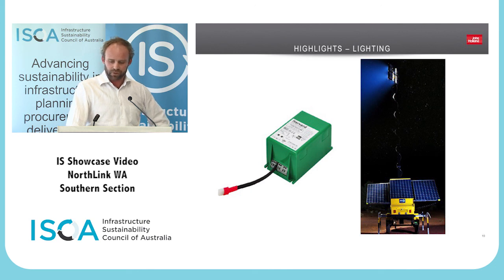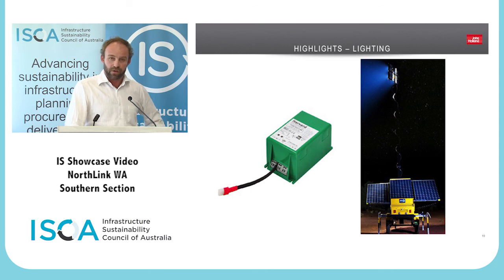The other thing worth mentioning with lighting, which we've just come across recently, is our temporary lights. We've got a lot of temporary light towers out there for traffic management, in the order of 20 or 30 temporary light columns. We're finding just now that we're getting a crossover between the cost of diesel generated and solar powered lights.